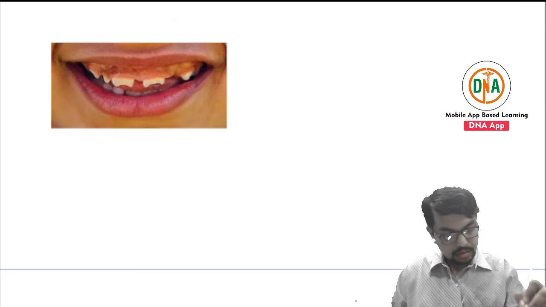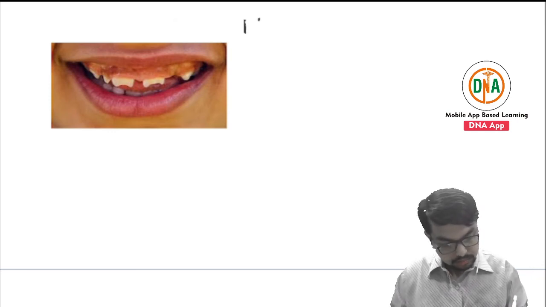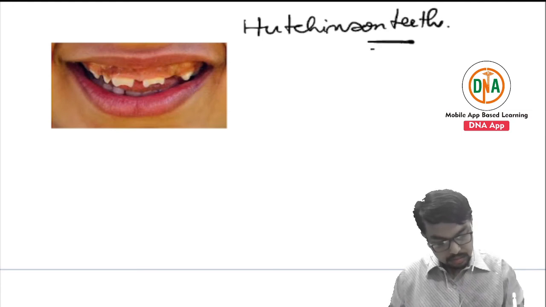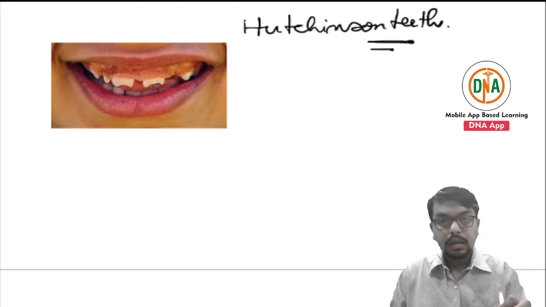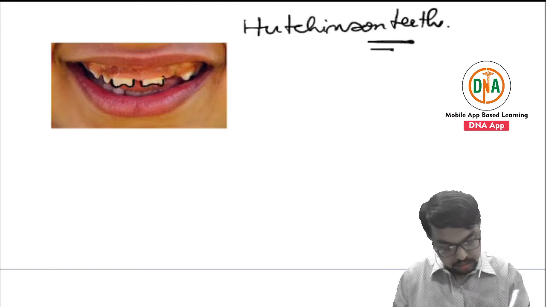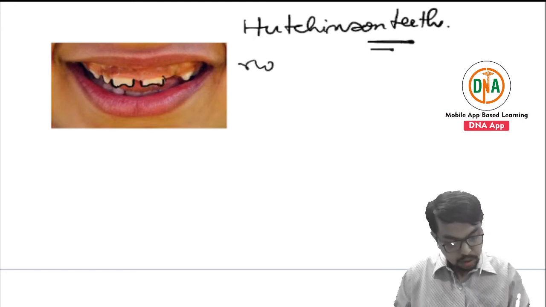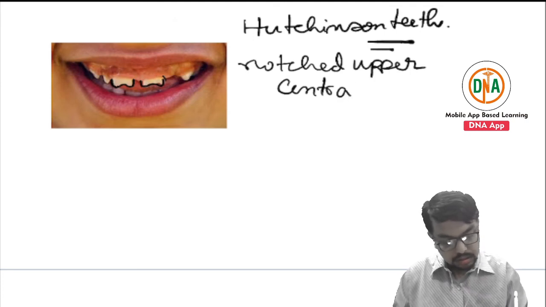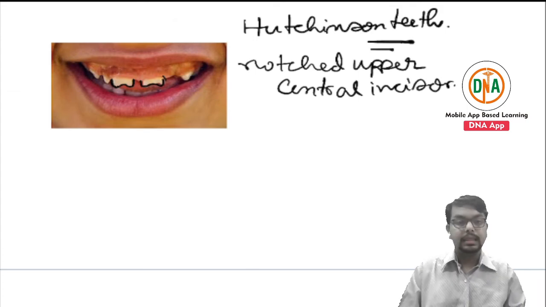We get Hutchinson teeth. There are notched upper central incisors. This is known as Hutchinson teeth.